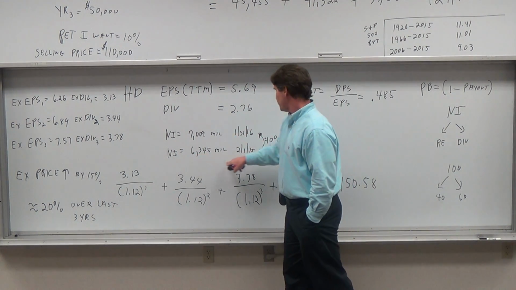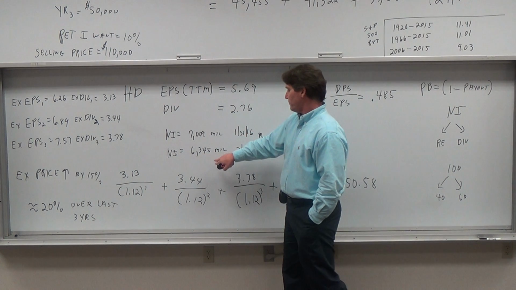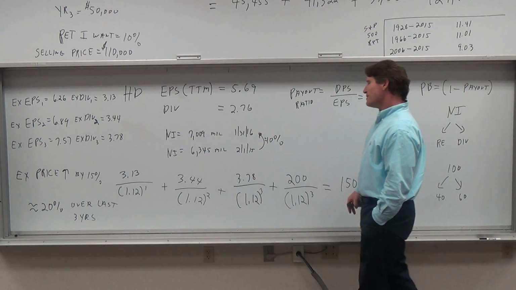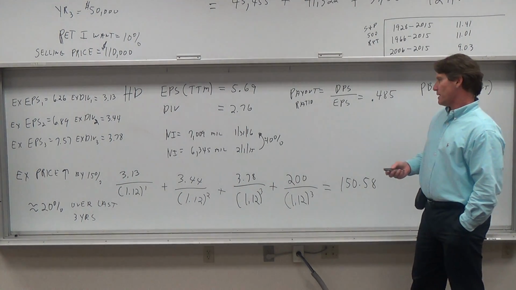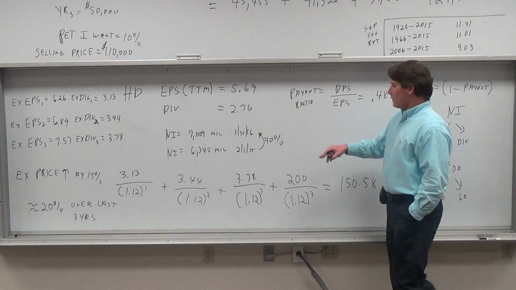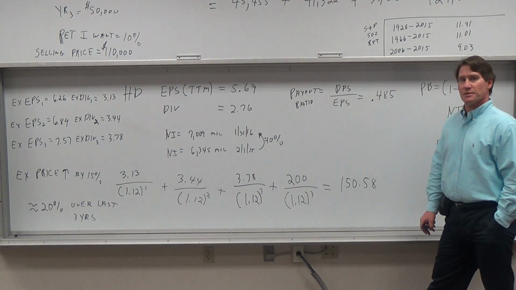And net income for 2015, the previous year, was $6.345 million. So just out of curiosity, I wanted to figure out what the percentage increase was. The income grew about 10% from 15 to 16.